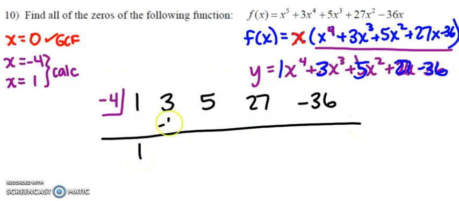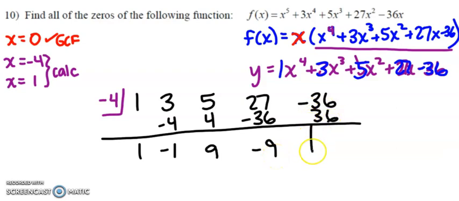1, -4 times 1 is -4, -1, -4 times -1 is 4. This is 9, -4 times 9 is -36. This becomes -9. -4 times -9 is 36. Remainder of 0, as it should be, because we knew -4 was a 0.